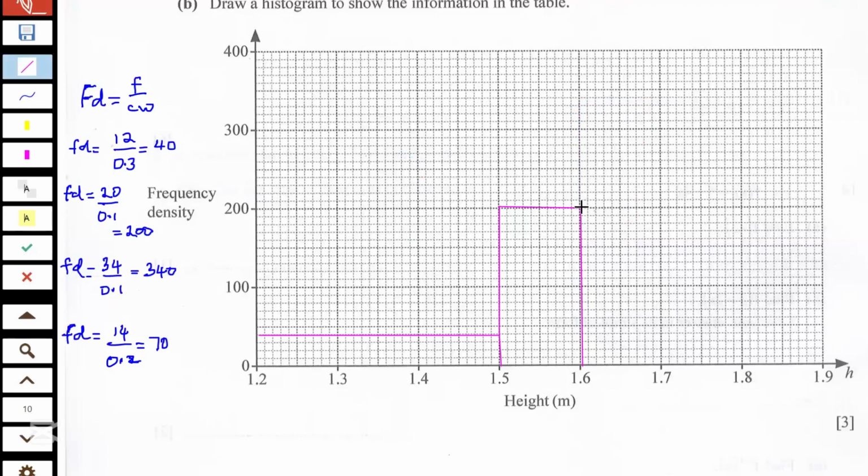So 1.6 to 1.7 with 340. From here, we're going to trace it to 340.